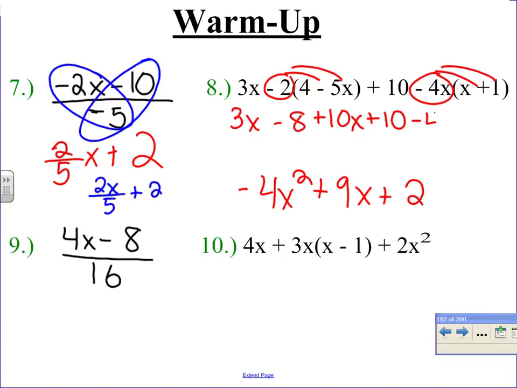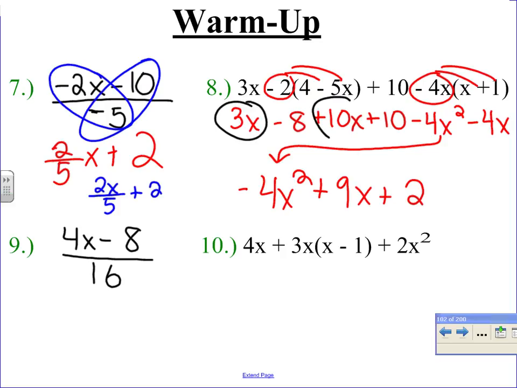At that point, you're combining like terms. The 4x squared does not have a like term, so you're just dropping that down. The 3x, the positive 10x, and the negative 4x are like terms, so combine them. That's how you get 9x. And then the negative 8 plus 10 is positive 2. That's how you get to the positive.